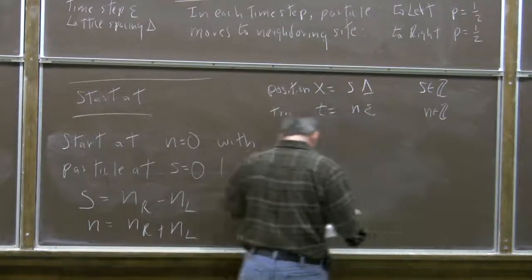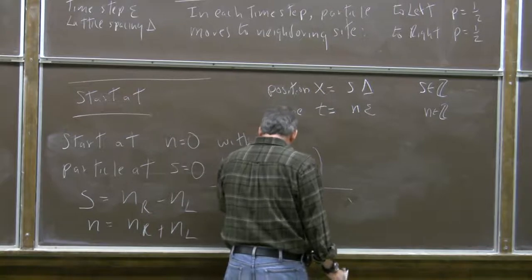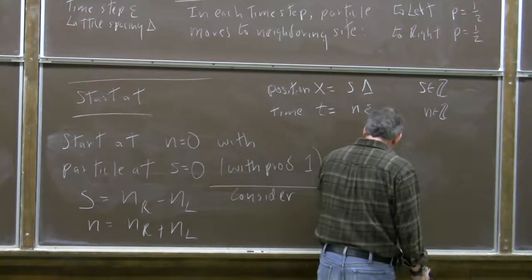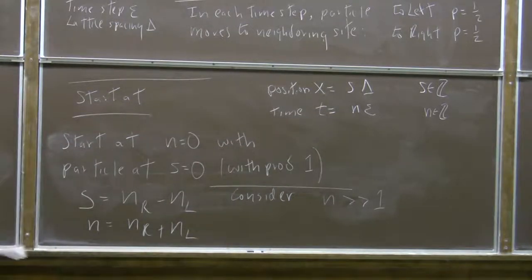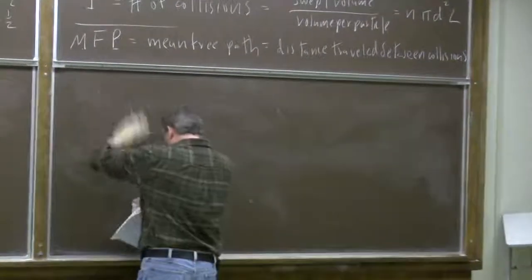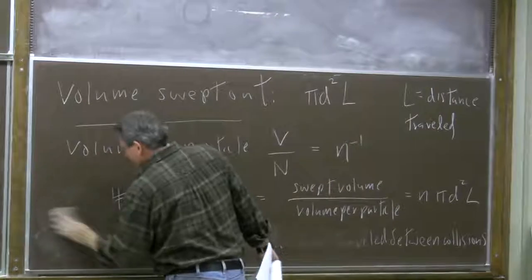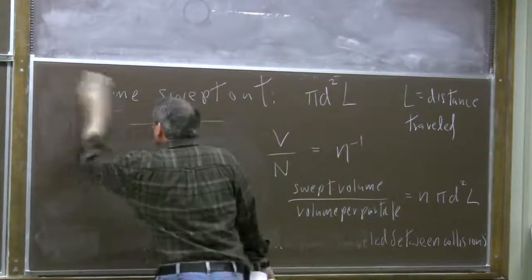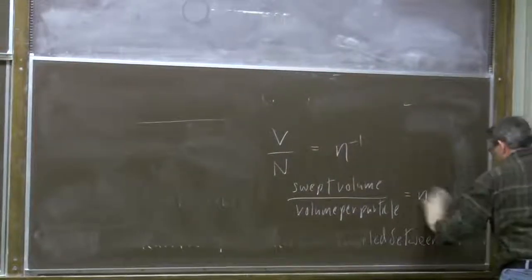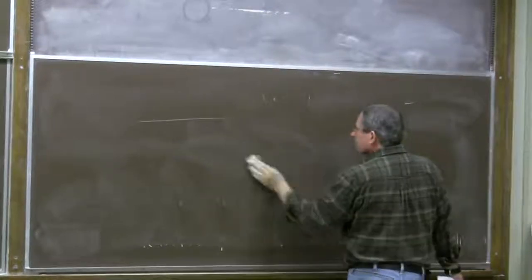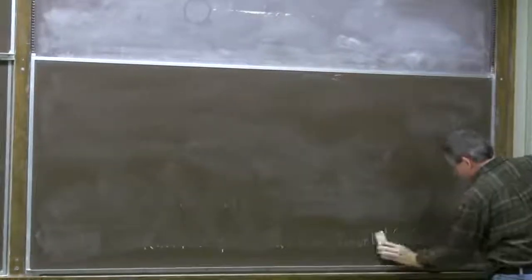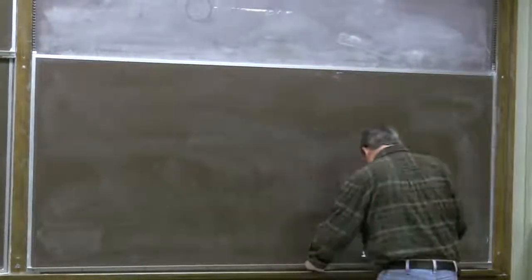When we consider many tosses, so many time steps, then we have a Gaussian.